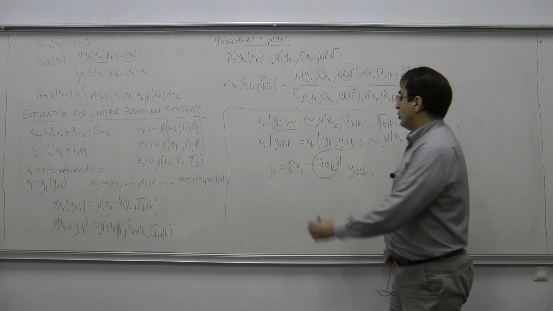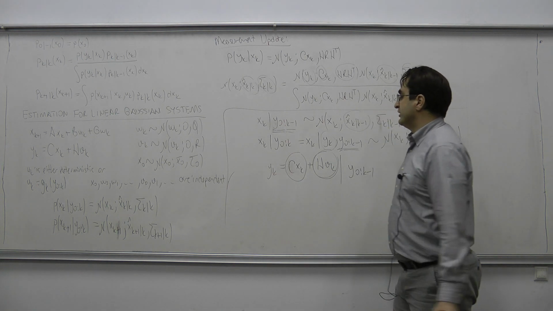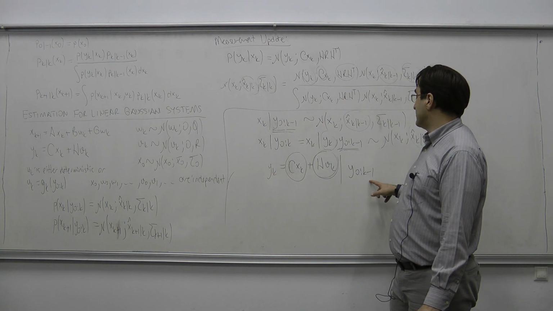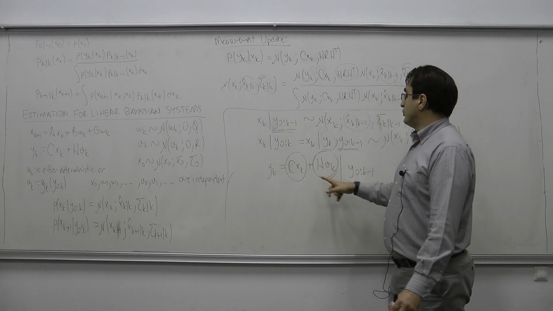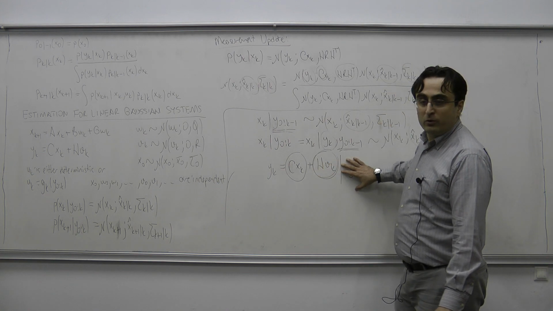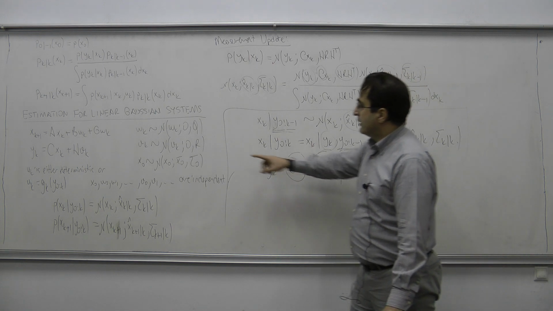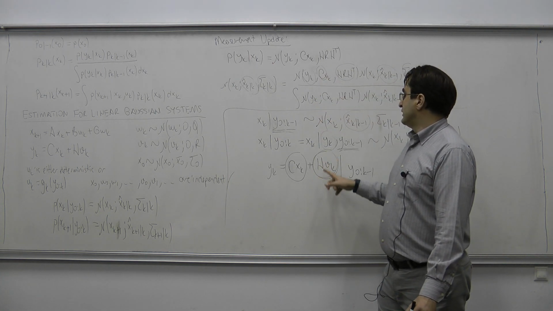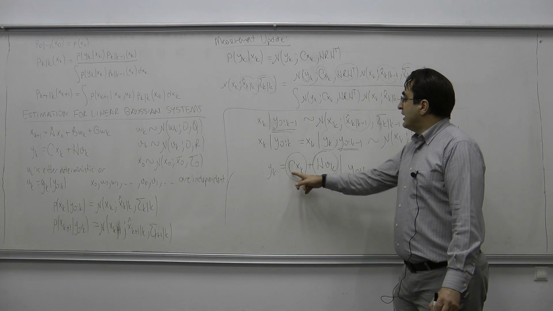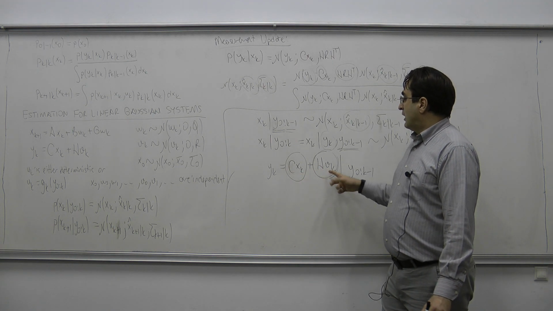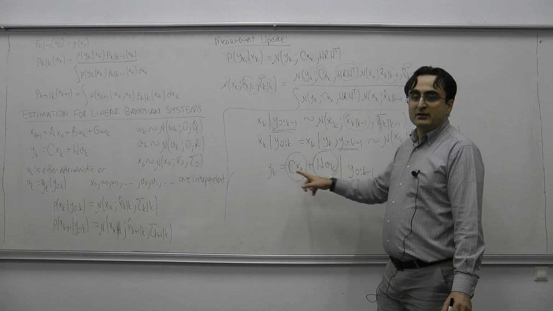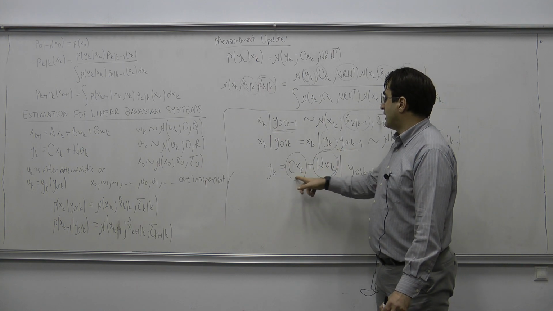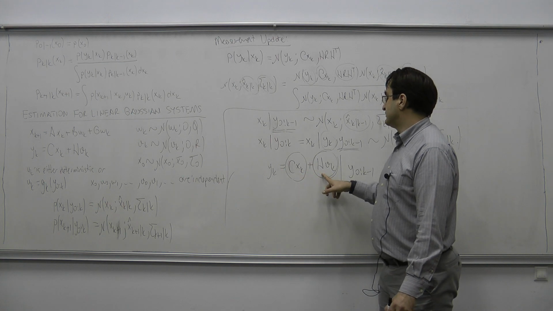So I know that this term is Gaussian with some mean and covariance given y0:k-1. And I know that this term is Gaussian and the given condition does not affect it. So I have the summation of two independent Gaussian random vectors here.